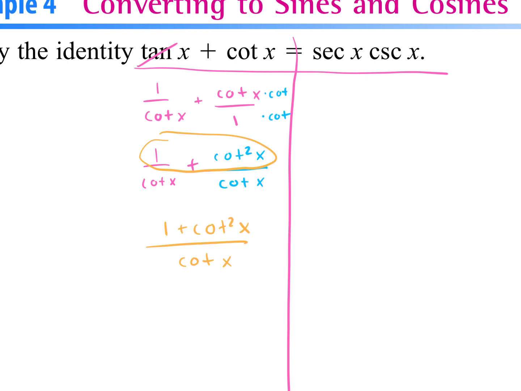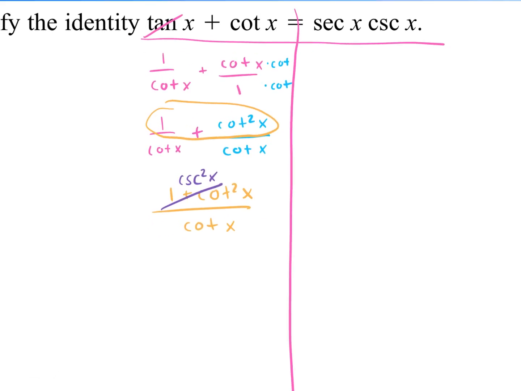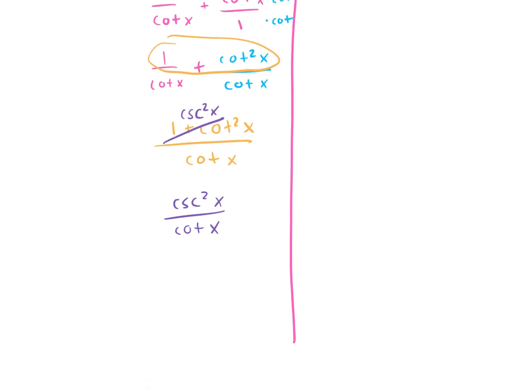What can I do next? Change 1 plus cotangent squared to what? Cosecant squared. So I have cosecant squared over cotangent. What do you want to do next? I can change the bottom to cosine over sine.